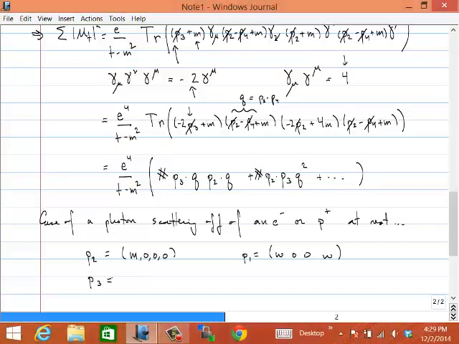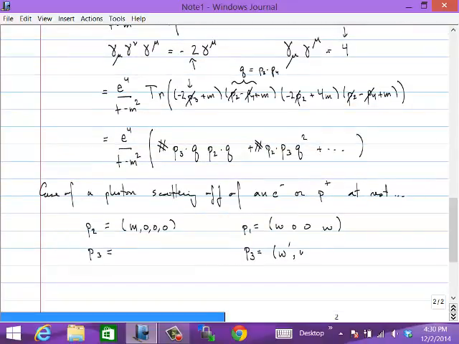So P3 was the outgoing momentum of the, here, let's write it over here. P3 is the outgoing momentum of the photon. So let's say it comes out with a frequency omega prime and at a relative angle theta, say in the xz plane. And then P4 is whatever it has to be by the conservation of energy momentum. So it's P1 plus P2 minus P3.